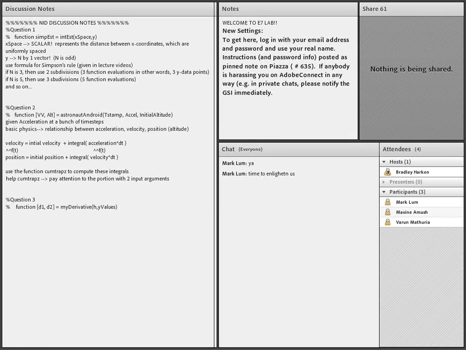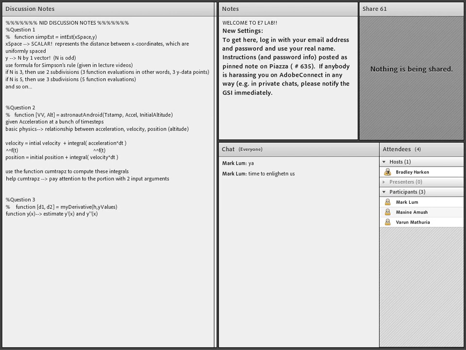Now, the inputs here are, so what we're doing in this function is we have a mathematical function y of x, and we are estimating the derivative of y and the second derivative of y with respect to x.